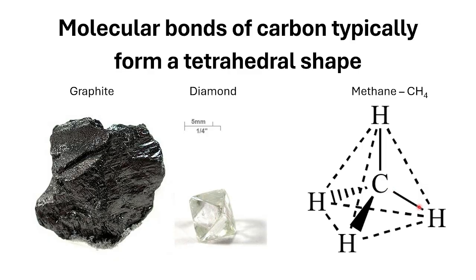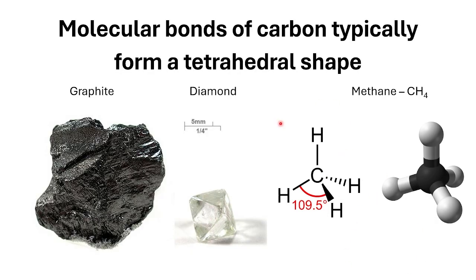It isn't different from this, other than the fact that it's pointed towards the viewer, coming out of the screen. And this is another covalent bond to this hydrogen, but it is going away from the viewer, pointed into the screen. So this is one way that we can illustrate the different kinds of covalent bonds that different molecules can have within them.